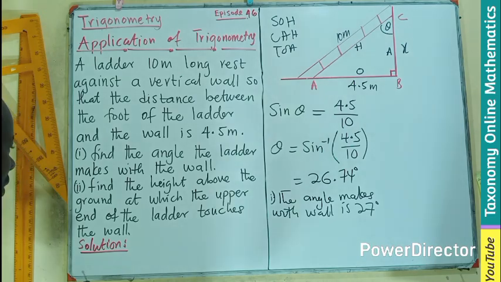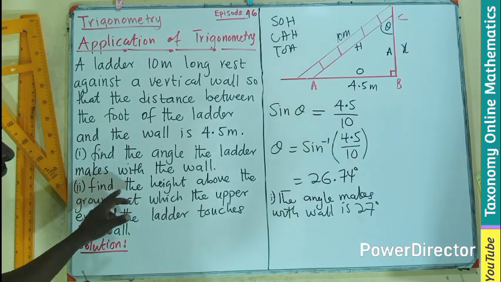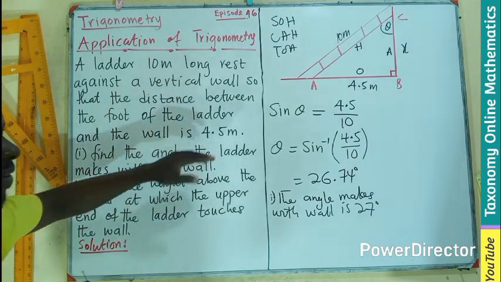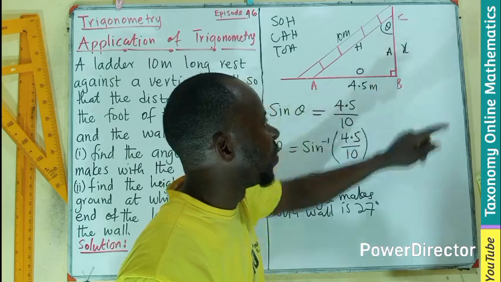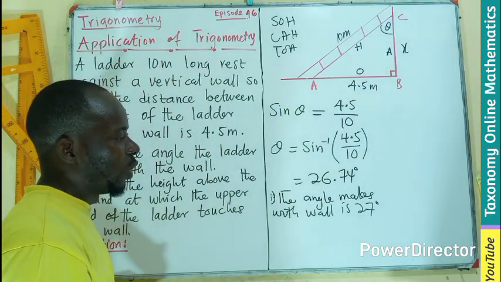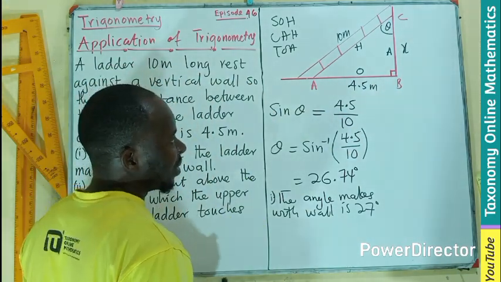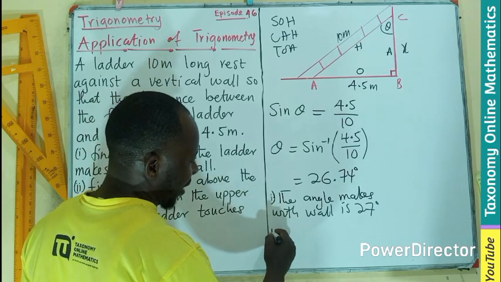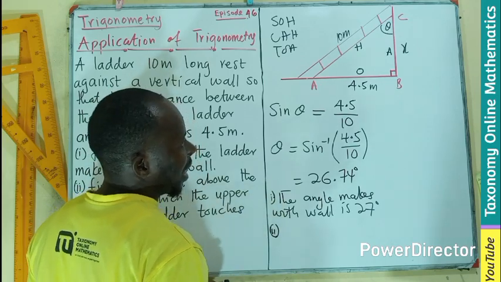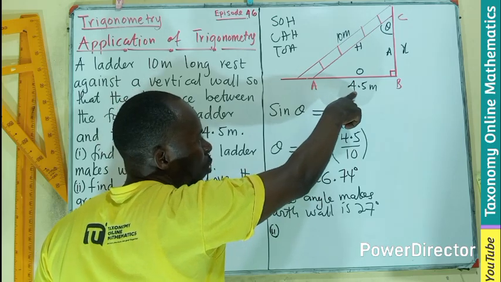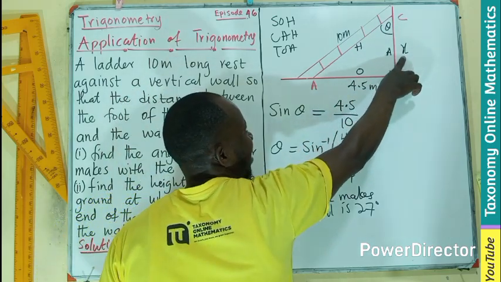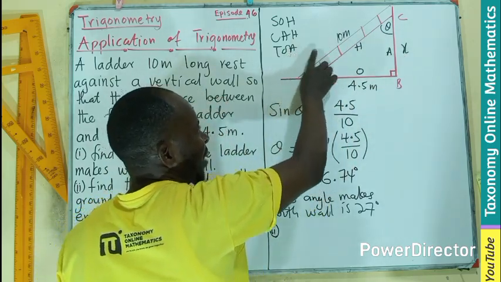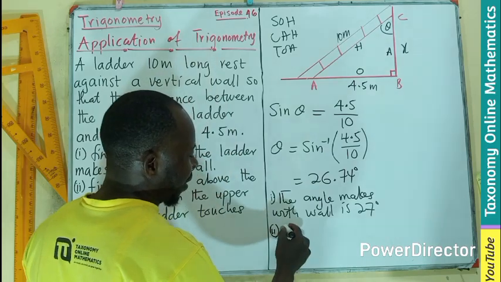Look at what we are looking for next. We have to find the height above the ground, from B to C, and we can still use a trig function to do that. Since we know the angle now, making use of opposite and adjacent of the angle will be tan.